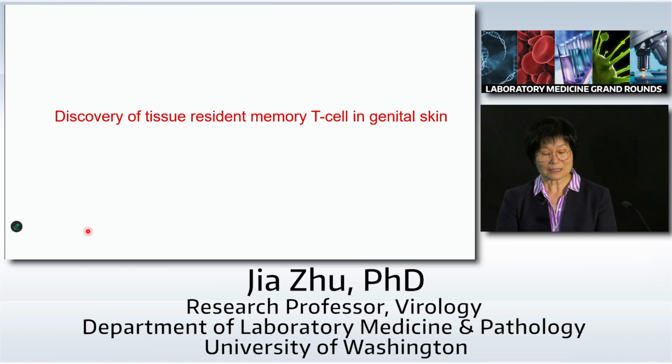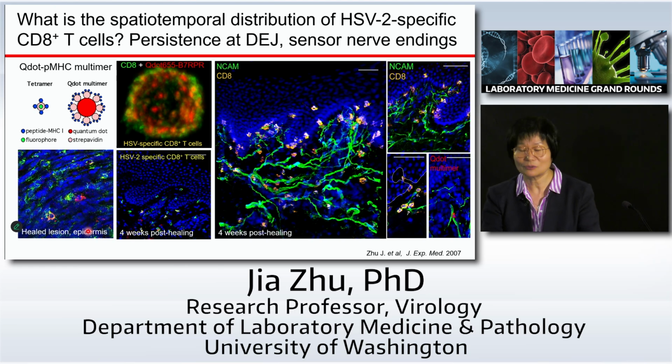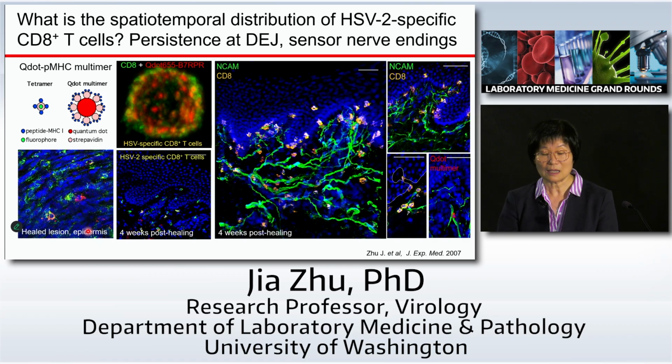So we'll first discuss the tissue-resident memory T cells and their role in controlling HSV infection. My first project, when recruited by Larry, was to do in situ tetramer staining to detect the presence and distribution of HSV-specific CD8 T cells.